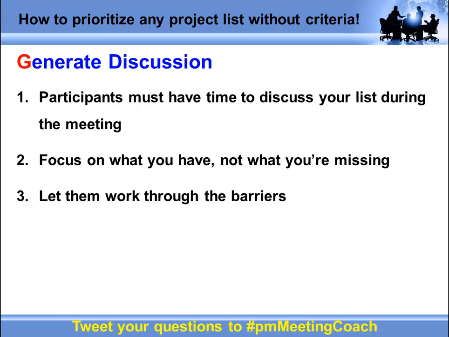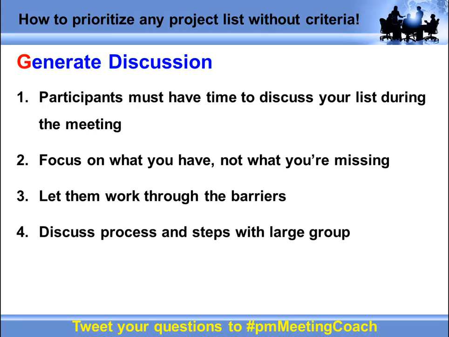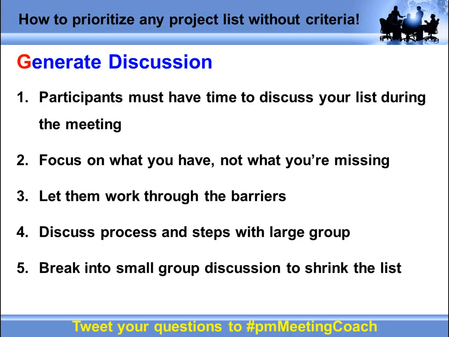This is not a risk assessment workshop. It's not a risk analysis, but we do want them to talk about some of the constraints that may come up naturally during their discussion. We are going to make sure we discuss the overall process steps with our large group that we're working with. And again, we're going to use small group discussion to shrink the list and also increase participation.